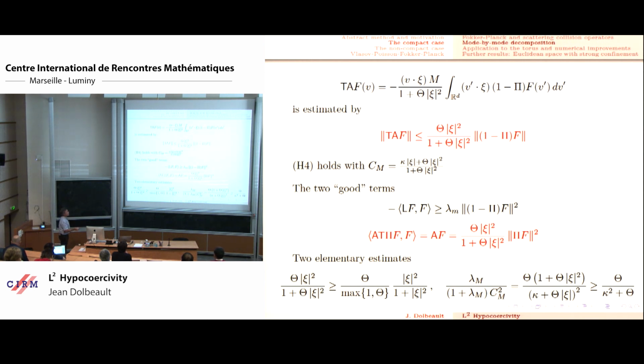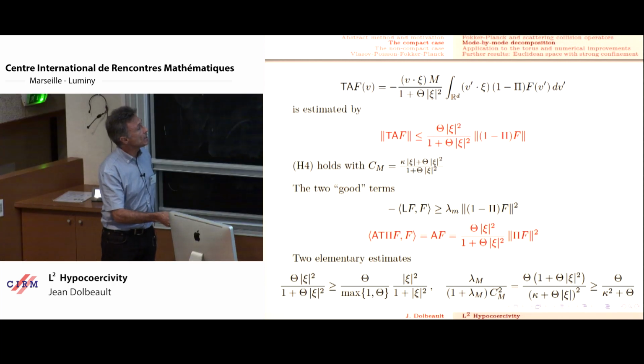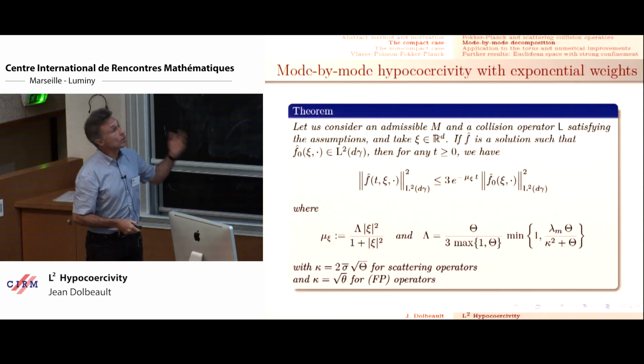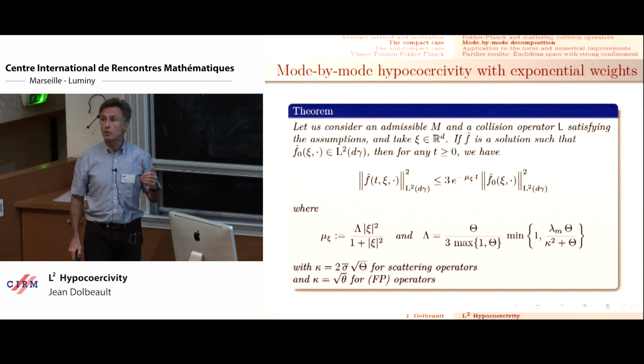And you get a control on the PF term. Well, the other terms are controlled, and then you use a few elementary estimates depending on psi to get some explicit estimate of the parameters of the abstract result in terms of the parameters of the capital theta and small theta. Okay, so this is typically the result you get mode by mode.